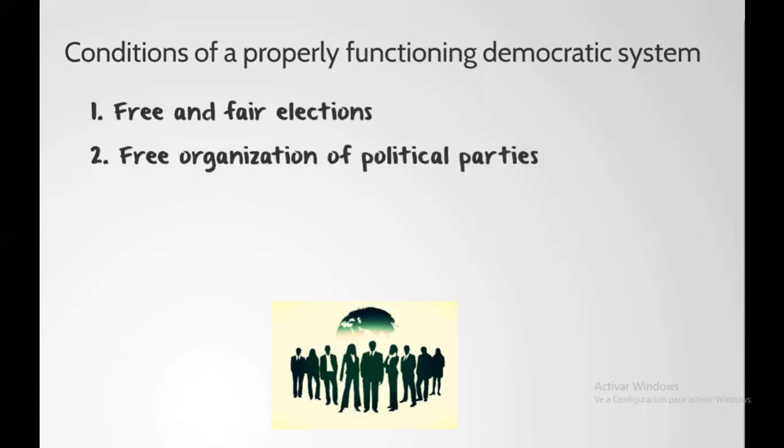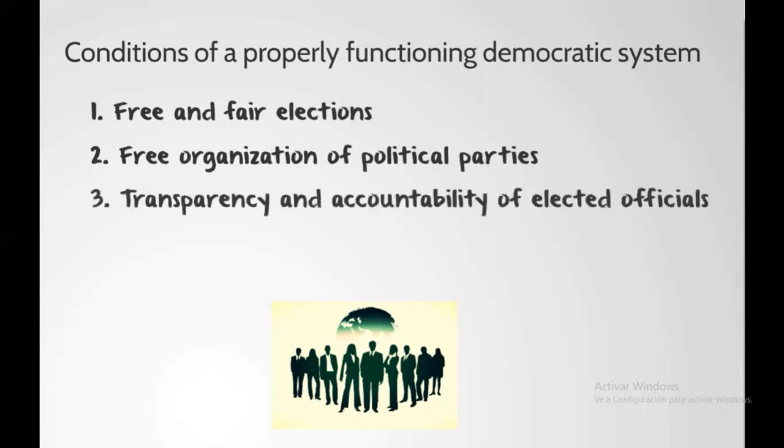Parties that have the right to organize and advocate for certain ideological interests. Third, transparency and accountability of elected officials. Elected officials are citizens with the same rights and responsibilities as those who elect them. They are subject to the same laws and rules as ordinary voters.